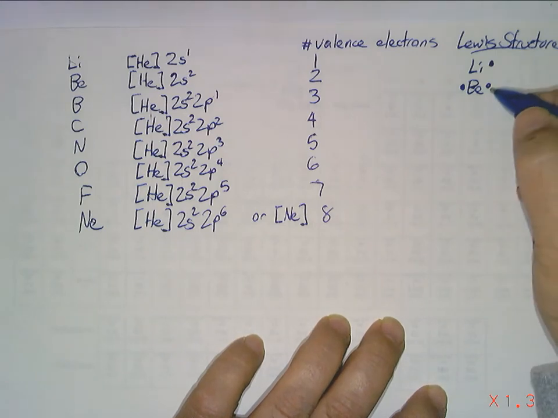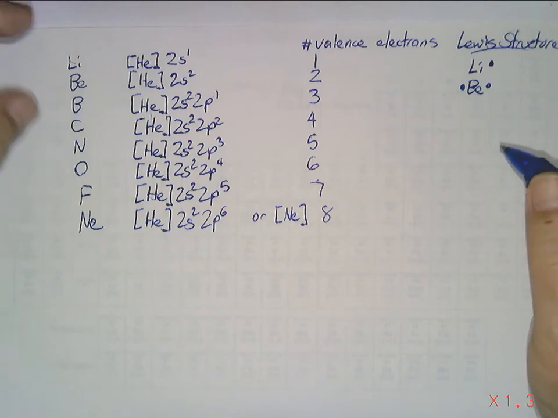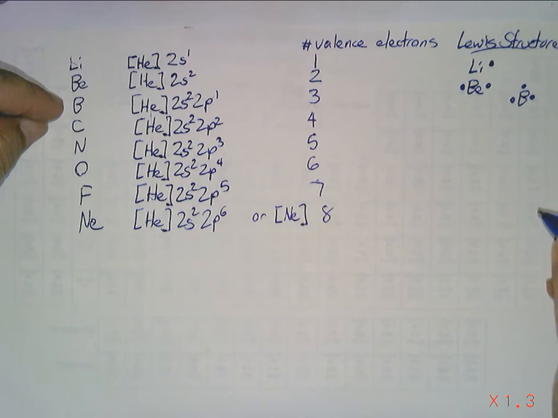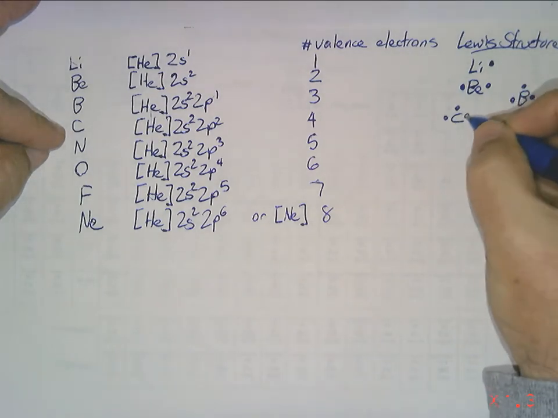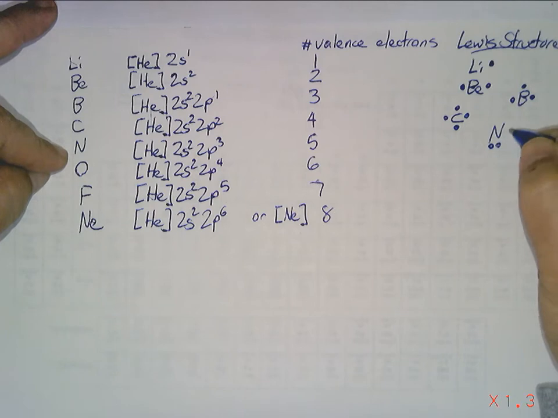I could put them both together, or I could put them apart so that they're easy to count. I try to pair them up when I have to. Now when I do boron, I can draw it like this. That's fine. When I do carbon, I can do it like this. When I do nitrogen, I'm going to draw it like this. There's 5 of them.